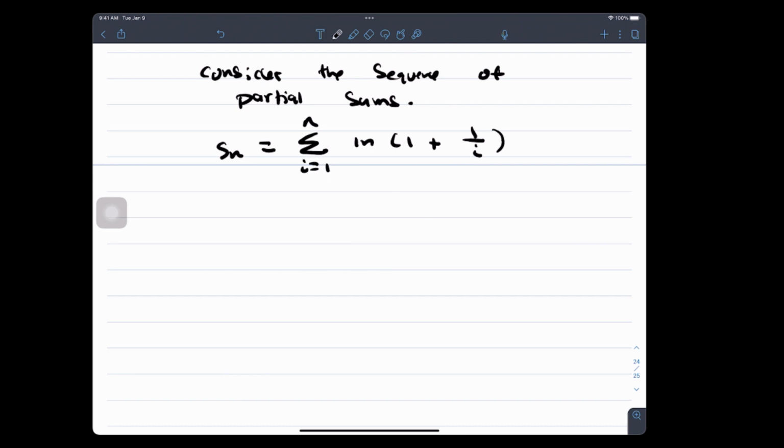All right, you guys okay with that? Okay. So what is this? Well, let's try it out again. Let's see. What is that going to be? Aren't I supposed to have some differences if this is a telescoping series? Where are my differences?